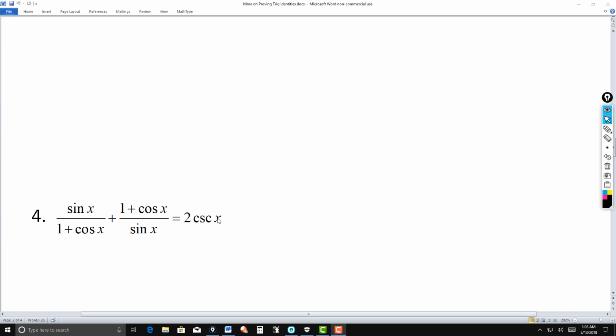Or if you have a fraction with trig functions in the numerator and denominator, maybe you can factor it, cancel, reduce, and simplify to get the other side. You're allowed to multiply both the numerator and the denominator by the same expression, as long as you're not multiplying by 0.